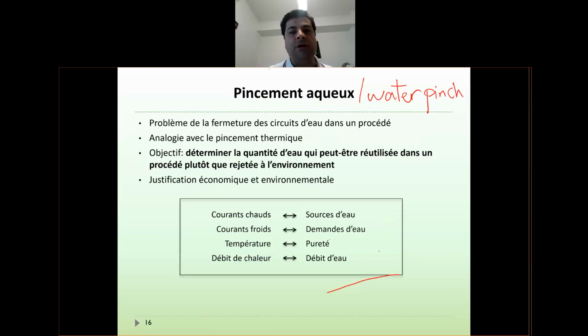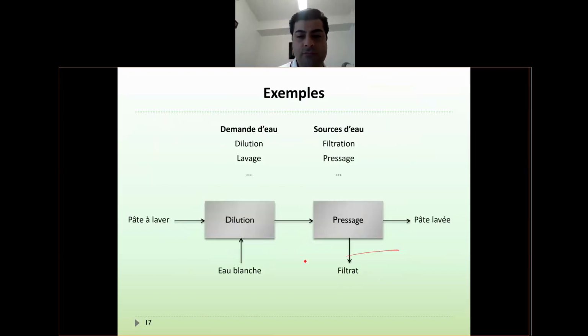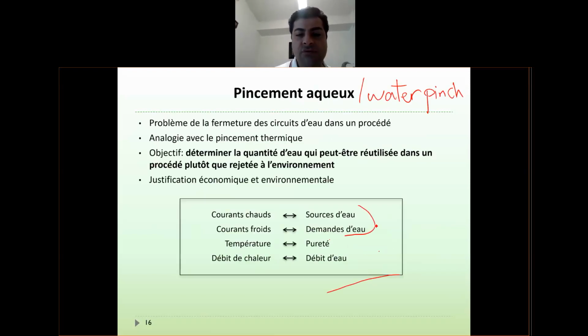Okay, but there are similarities while there are also differences. So these are the two similarities, but the difference is that, for example, in water pinch we are talking about purity or concentration of the water stream.